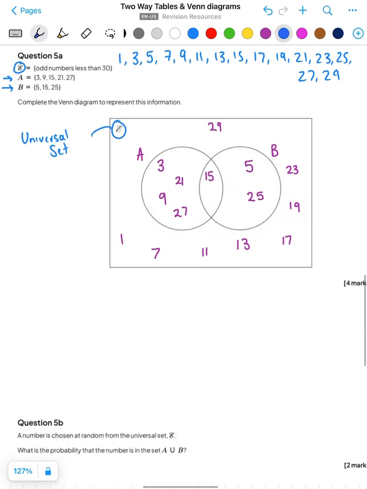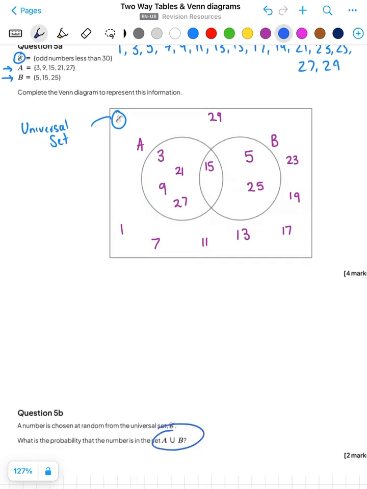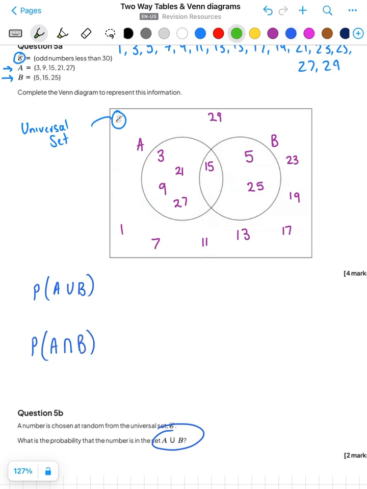Now the notation for the probability questions, you may be asked what's the probability of picking a value in A union B, or the probability of A intersect B. This is union, and this is intersect.